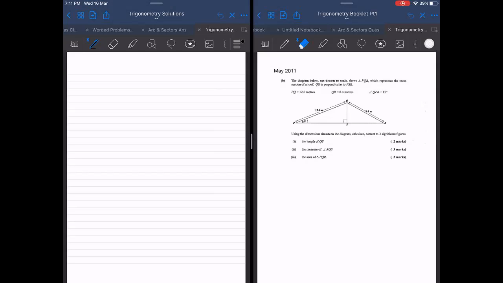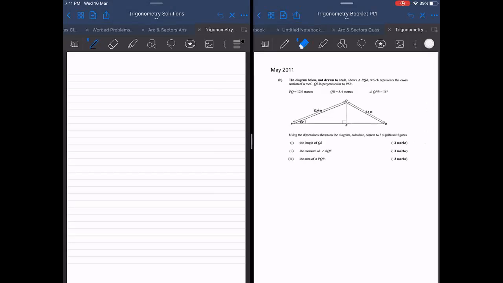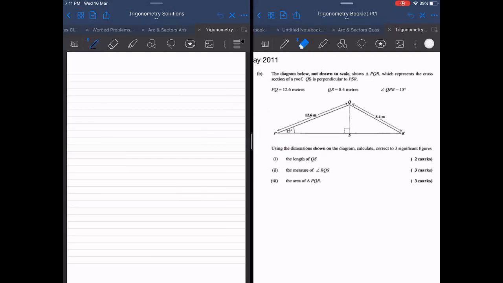Okay, so it says the diagram below, not drawn to scale, shows a triangle PQR, which represents the cross section of a roof. They tell us that QS is perpendicular to PSR. I want to talk about that quickly.